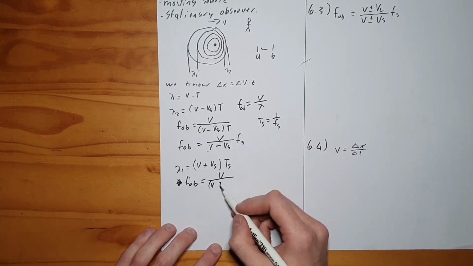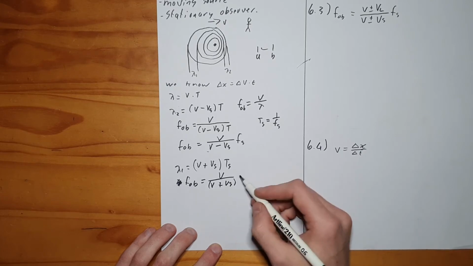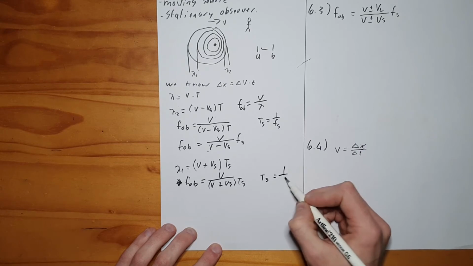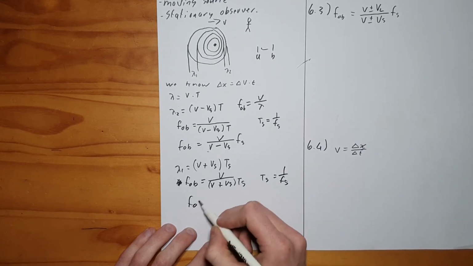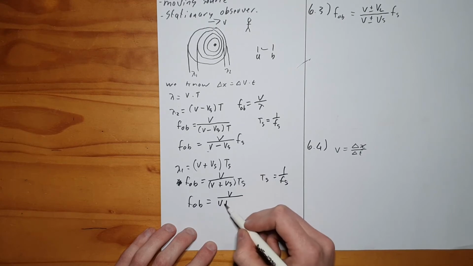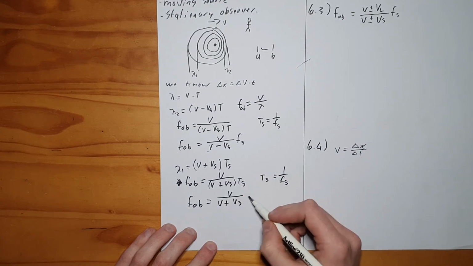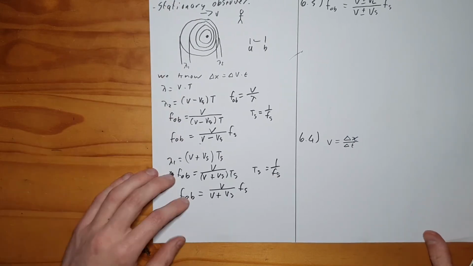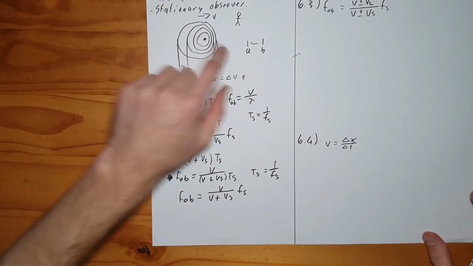In this case it's v plus vs times the T, and Ts equals 1 over fs. So f of observer for moving away is my velocity over v plus vs times my frequency of the source. And that's how we get the formula for a stationary observer and a moving object.